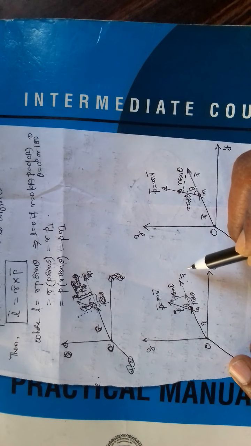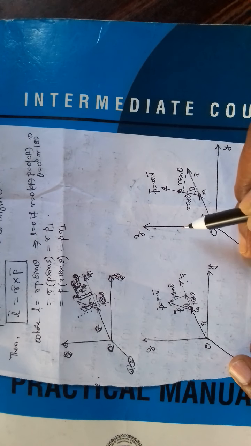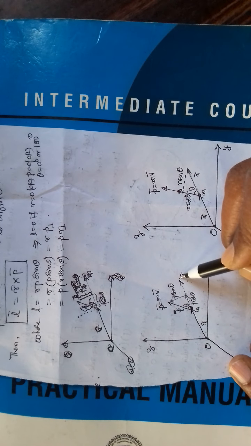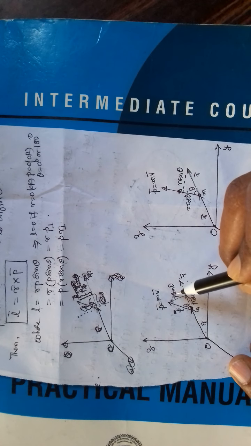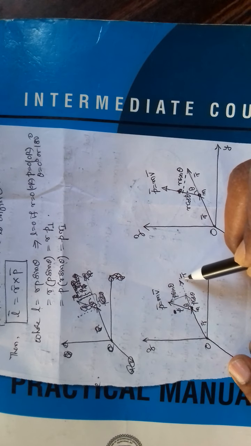So angular momentum is defined as the product of the r value and the perpendicular component of p, or the component of p perpendicular to r.